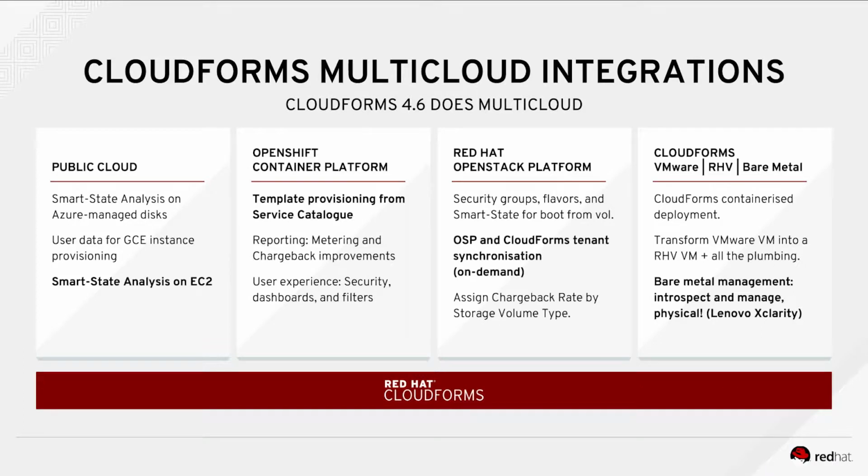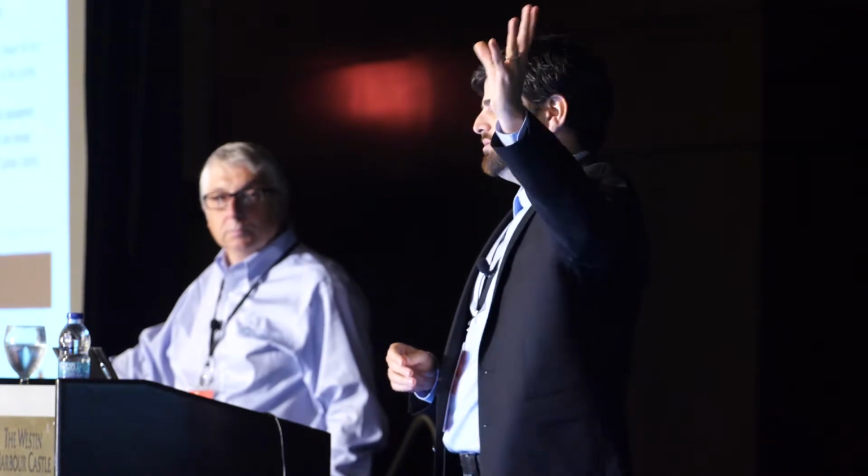The most recent release has improvements on what it does on each cloud. The most noteworthy is smart state analysis. I will show you that in a minute. It basically looks inside each instance of your public cloud and looks at what's going on without any agent. So even if you have projects in production from the marketing team, a website you never heard about, you just give in the credentials and you see what's going on, like 100 VMs. Don't know what's in it.